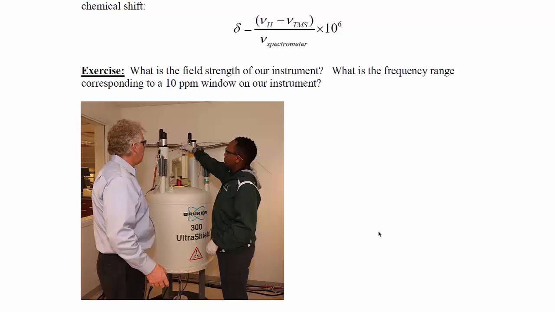What is the field strength of that? That's the first question. The second question is for a 10 parts per million window. So think of the shift as being 10 parts per million. Then what is the frequency range of that? What would be the magnitude of what's in parentheses here for that case? Give that a shot, pause the video, and then come back to check your answer.